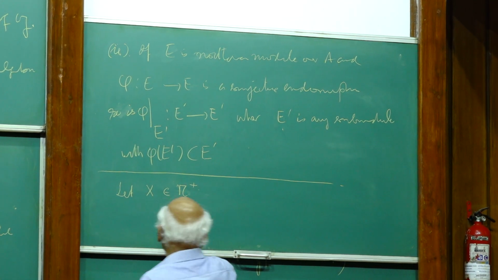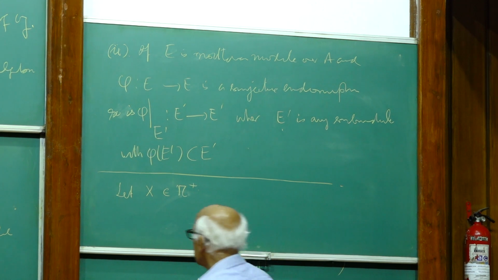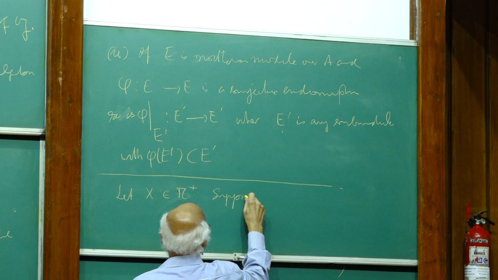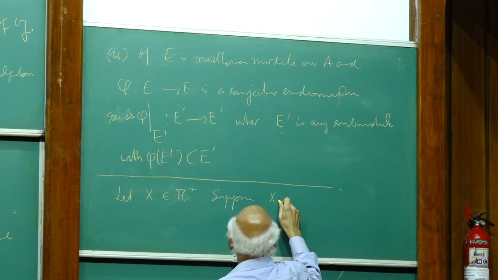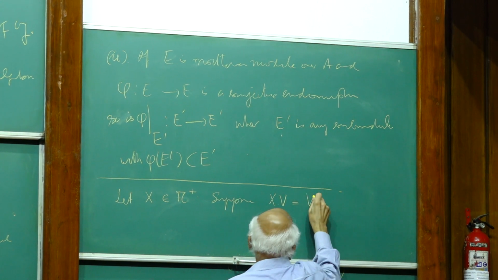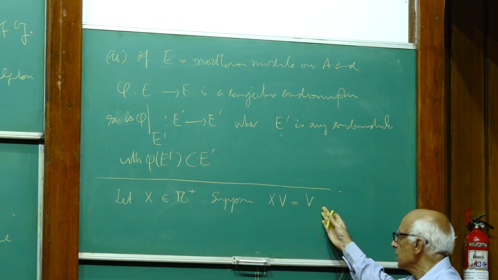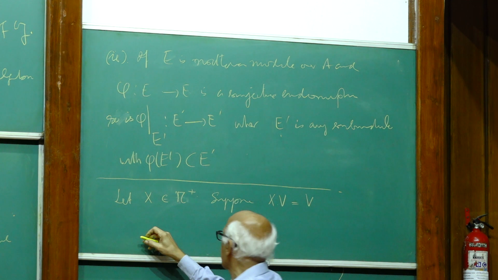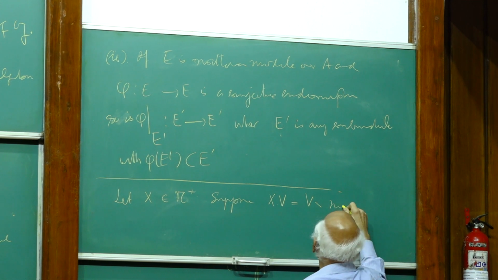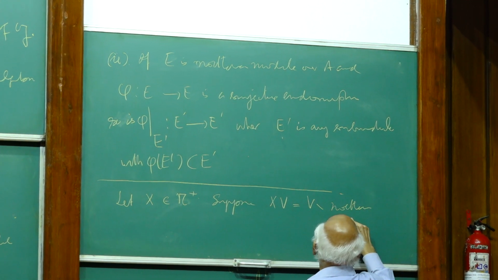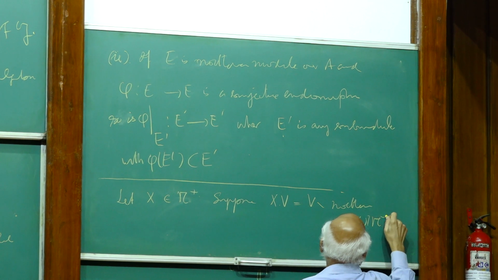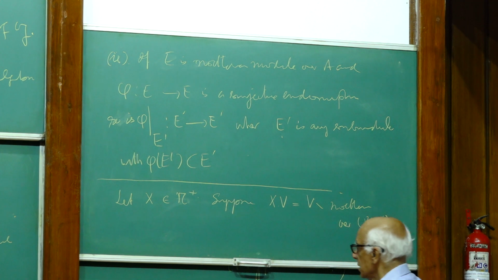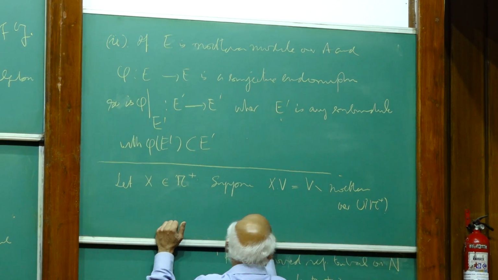Let x be an element of n+, and suppose x acting on V equals V, so V is a Noetherian module over U(n+). I am assuming that x acting on V is surjective.